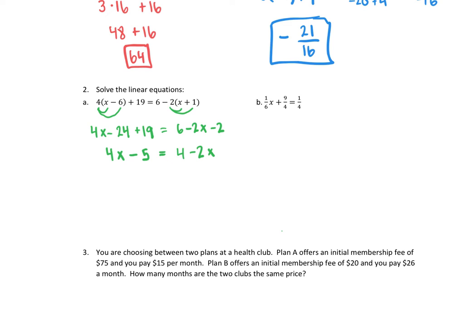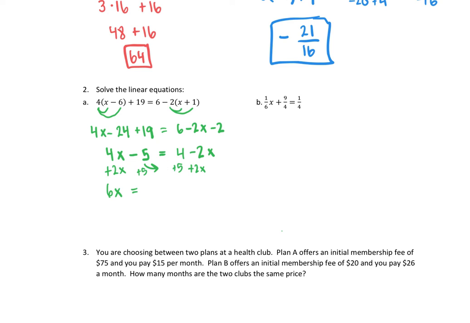Okay, now we want to bring any x onto one side and everything else over to the other side. So I'm going to add this 2x over to the left side. If I add it on the right side, I have to add it on the left side. So that gives us 6x. I'm also going to take this 5 and bring it over by adding 5 to both sides of the equation.